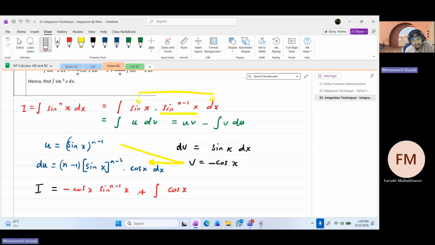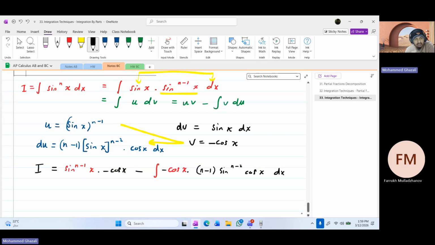Let's write it as the formula is represented: uv, there's your u here, and your v is negative cos x, minus v du. And du is this whole thing here, n minus 1 sine^(n-2) x cos x dx.